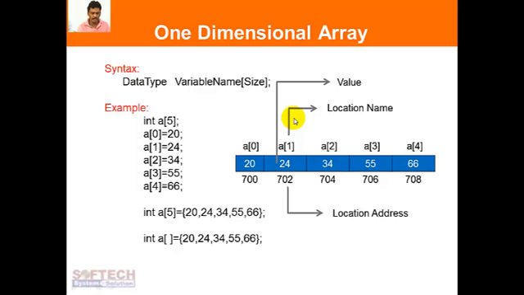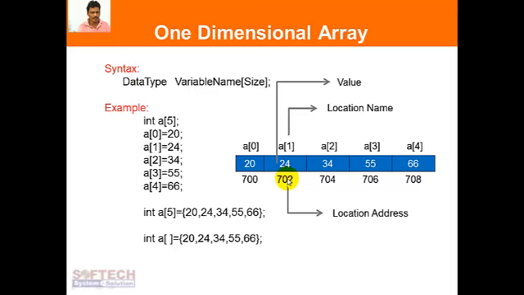We cannot predict the address by the help of one variable address. In an array variable, we can predict the address by the help of one location address. If we know 700, we can easily find the next location, plus 2 bytes, 702.